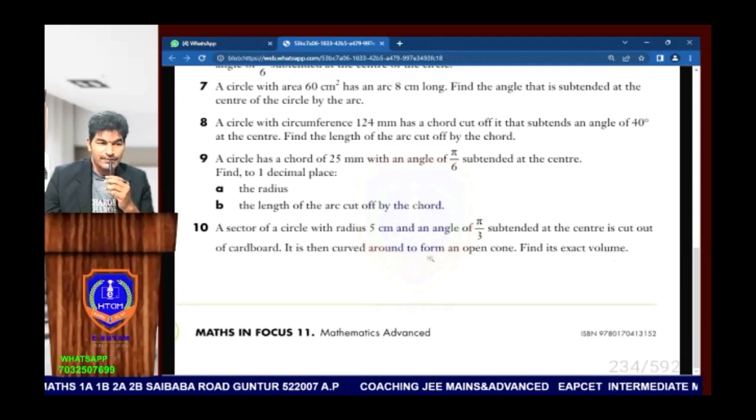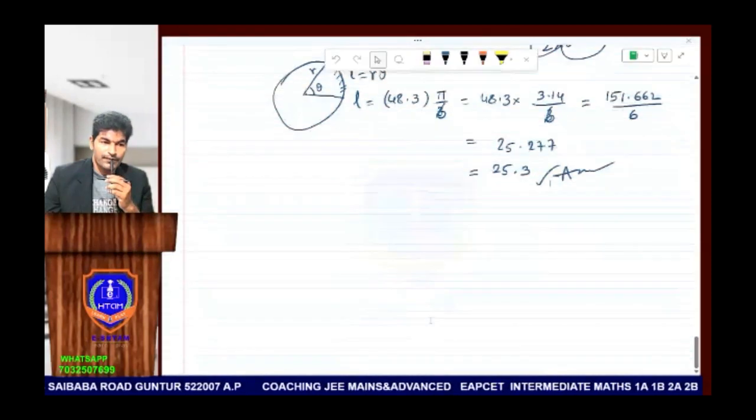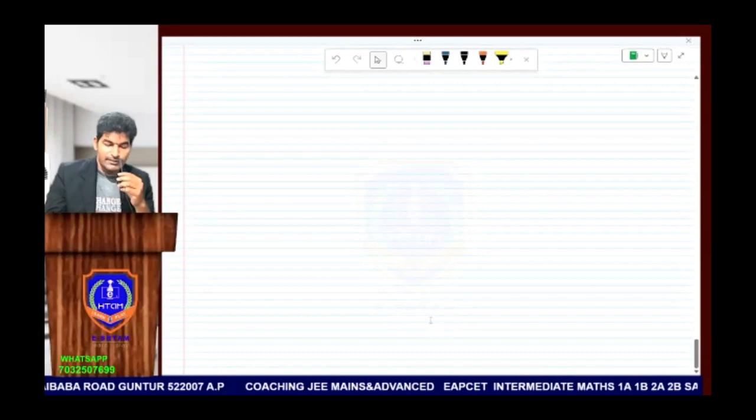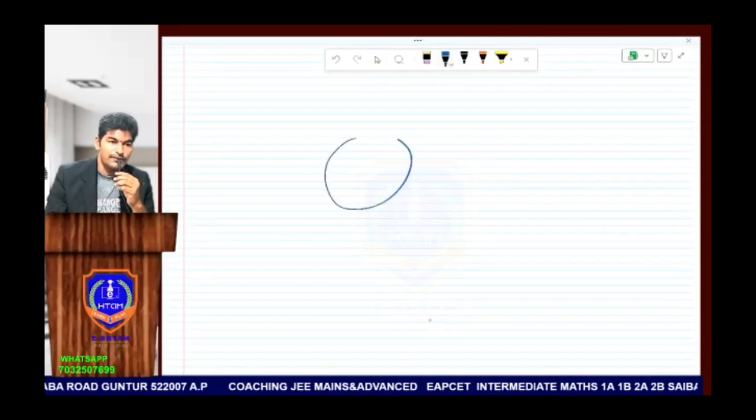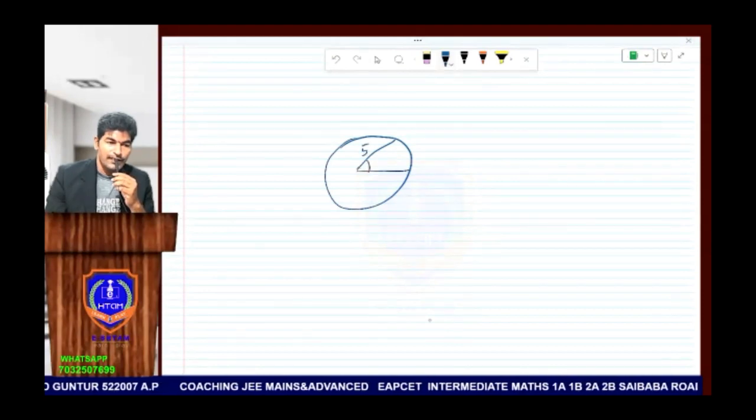It was very easy, the same as the above. I found till the radius, but I'm not getting the actual answer. So the measurements say this was cut off and the radius was 5, and the angle was pi by 3.